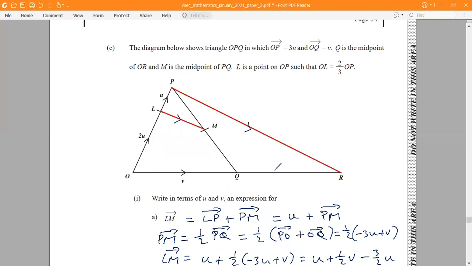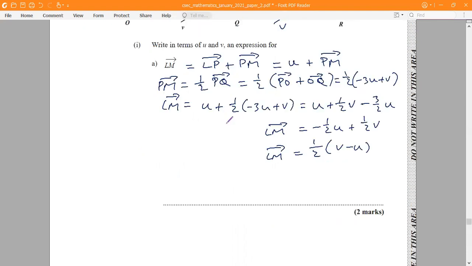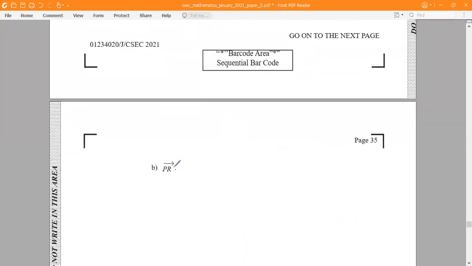We know from Q to R is another vector V, since Q is the midpoint of OR. So OQ would be equal to QR, which is V. To get PR, we can say PO plus OR, or we could say PQ plus QR.